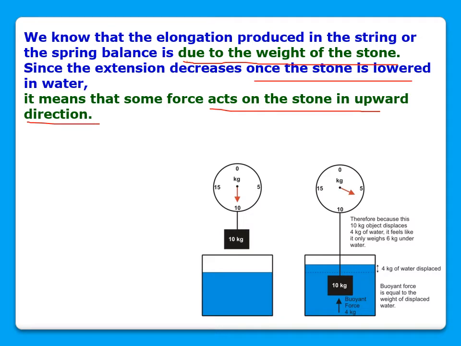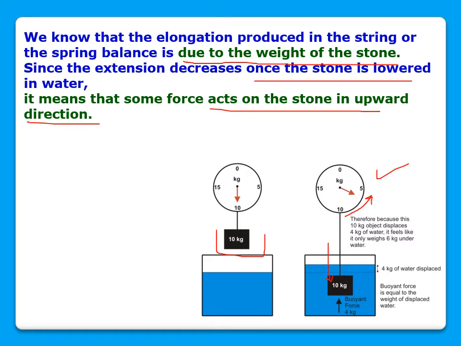See here, the object is there. In this case, the object is just suspended. And we are noting the reading, 10 kg. This is the weight of the object. Okay. And now in second case, when the object is immersed into the water, the reading is decreasing.